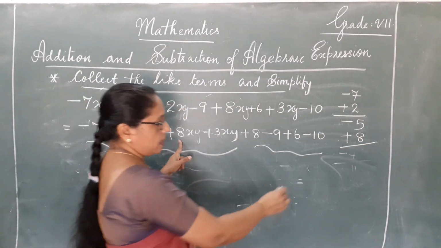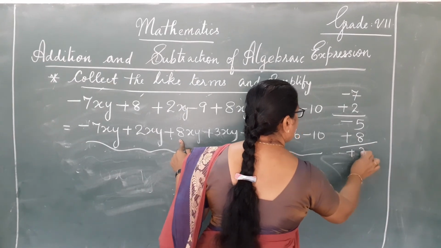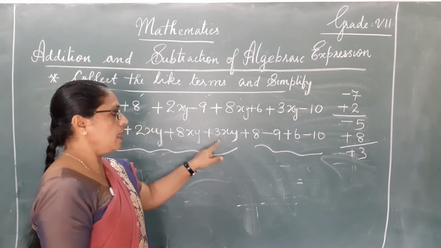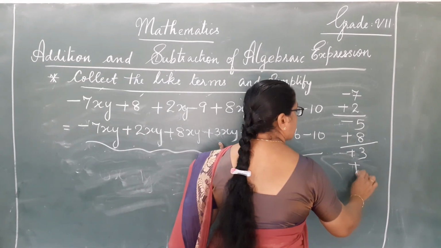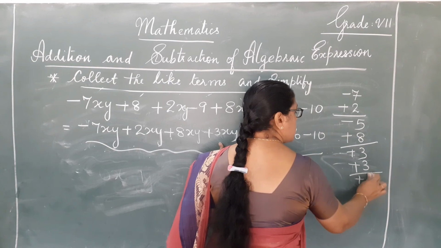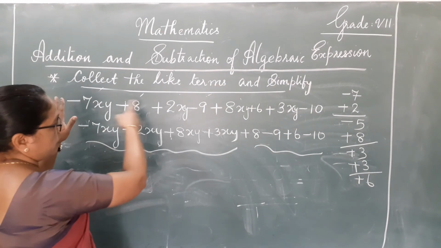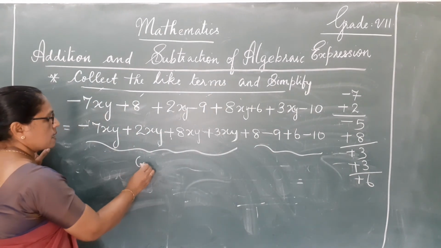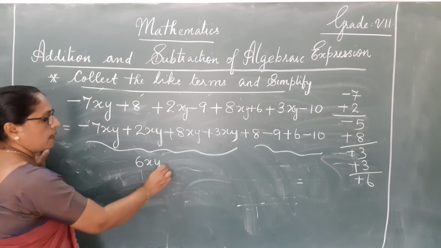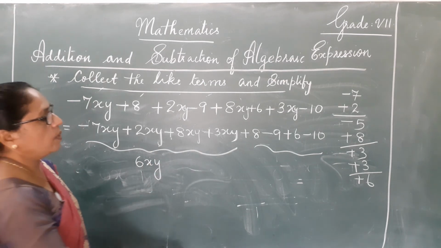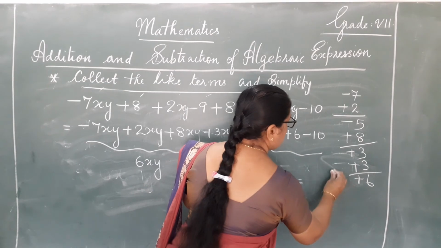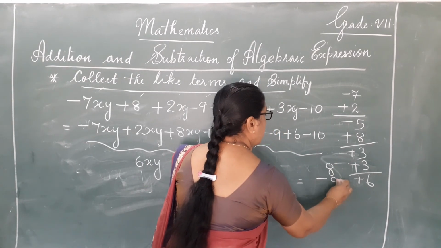What do we get? Positive 3. Then positive 3 and positive 3. Positive 6. So the answer of this first group is 6xy.